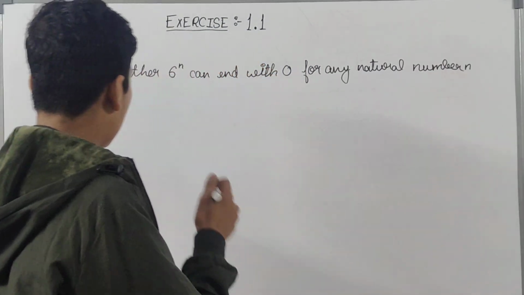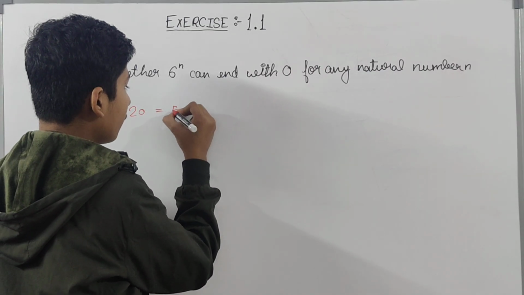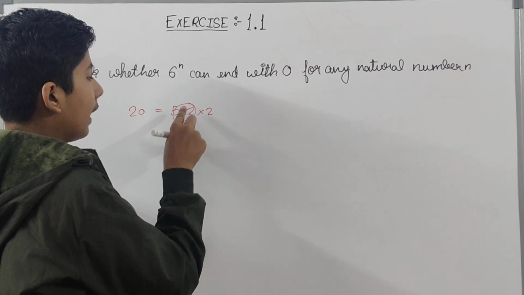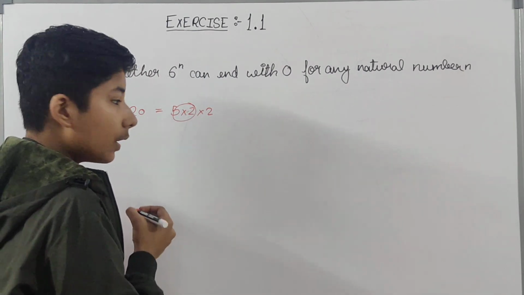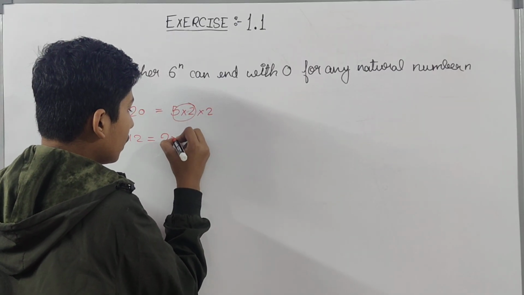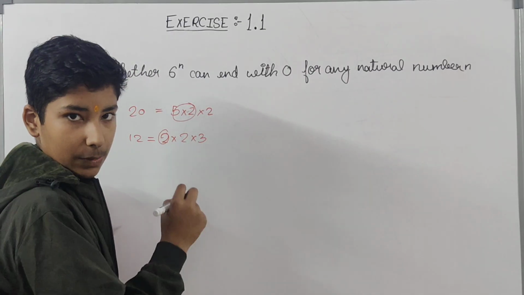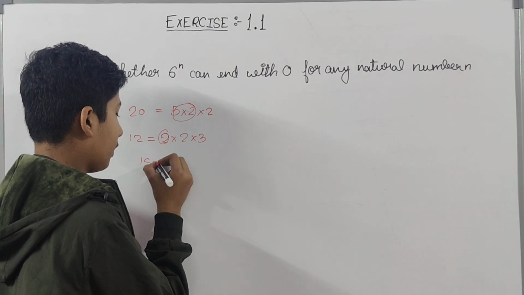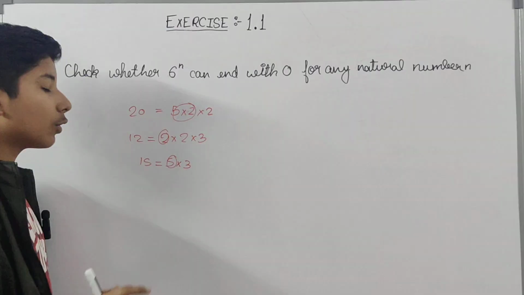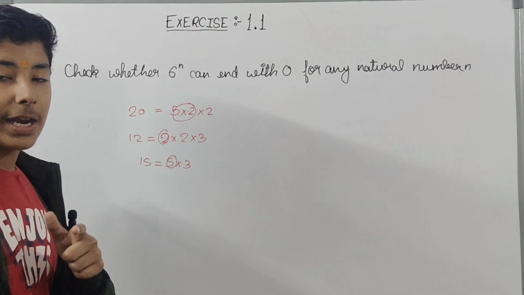For example, 20 is 5 into 2 into 2, so it has 5 and 2 as prime factors. But 12 is 2 into 2 into 3. It has 2 but no 5. And 15 is 5 into 3. It has 5 but no 2. So it will never end with 0.